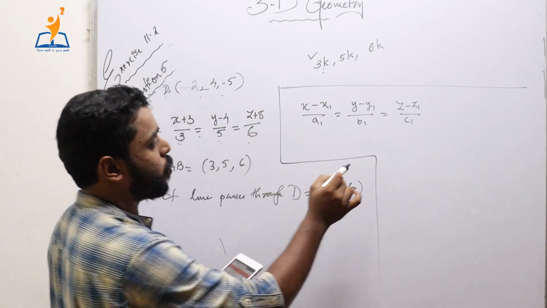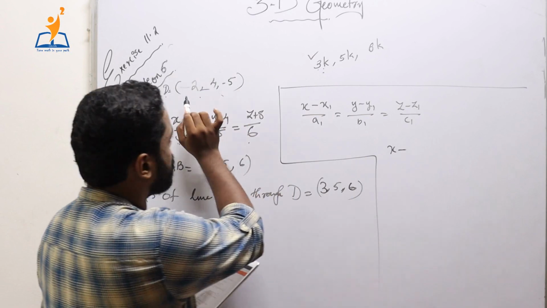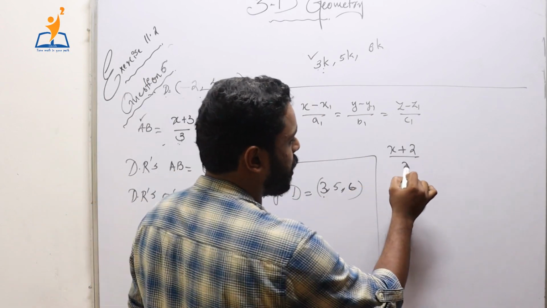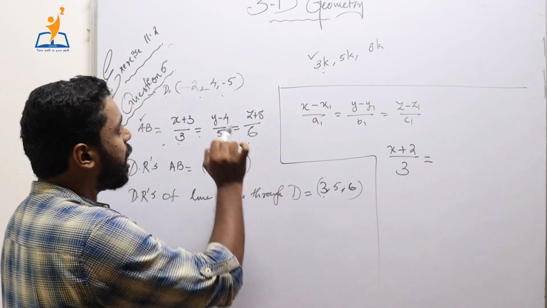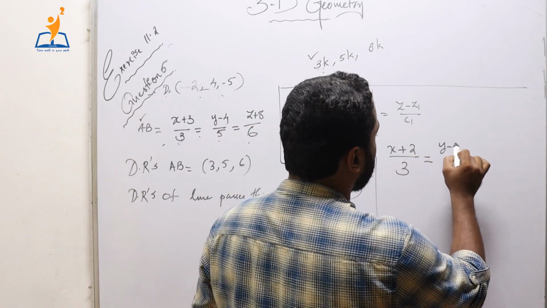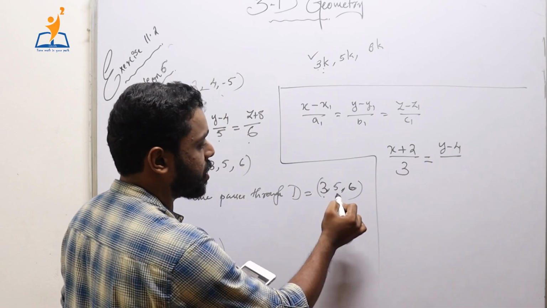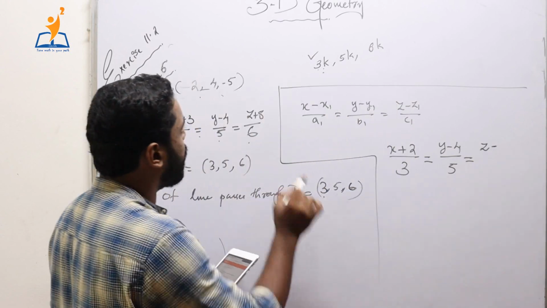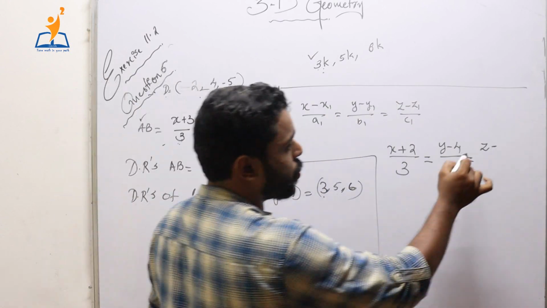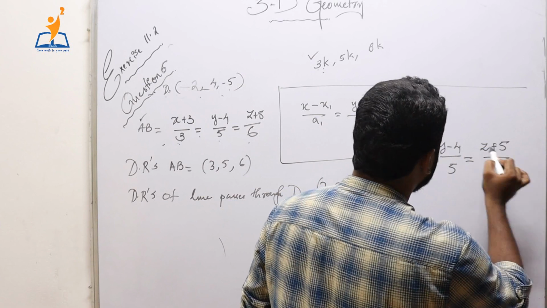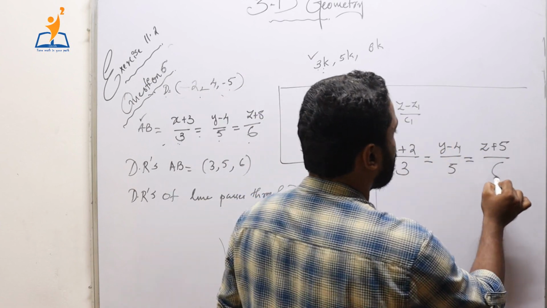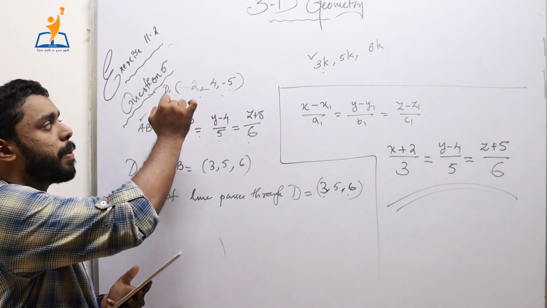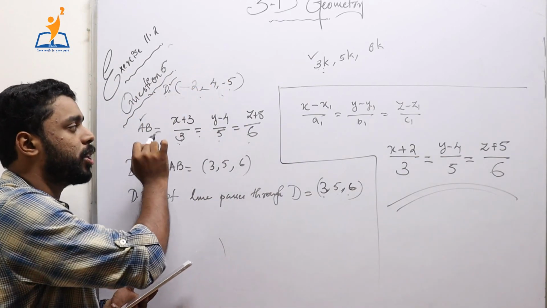Substituting these values, x minus x1 becomes x plus 2, by a1 which is 3, is equal to (y minus 4) divided by 5, and then z minus z1 becomes z plus 5, divided by 6. So this will be the Cartesian equation of the line which passes through this point and is parallel to the given line.